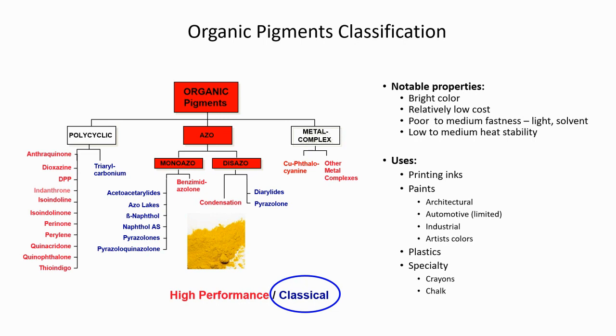But they're used all over in printing inks, in paints, primarily architectural and artist colors. They are used in plastics and some specialty areas like seed coatings and crayons, chalks, that type of application.